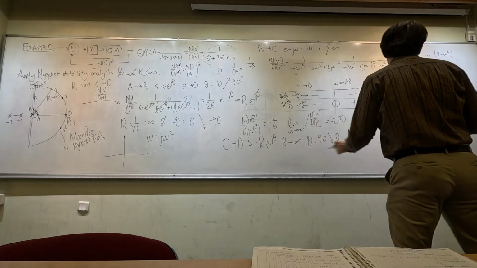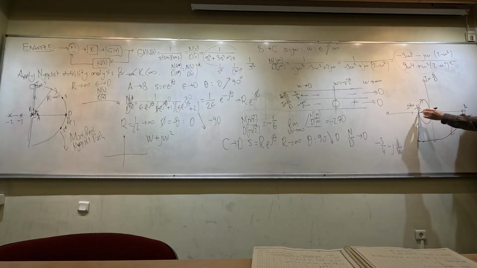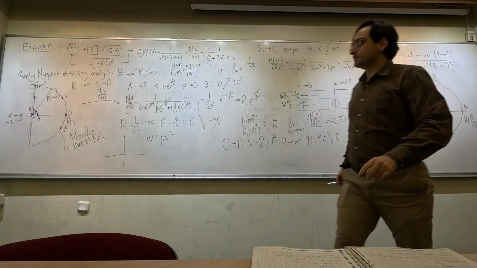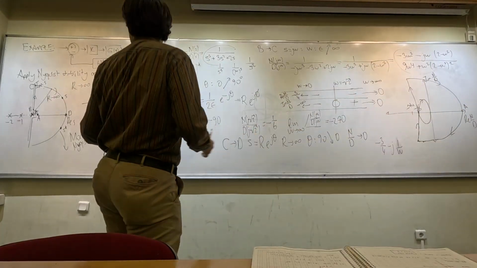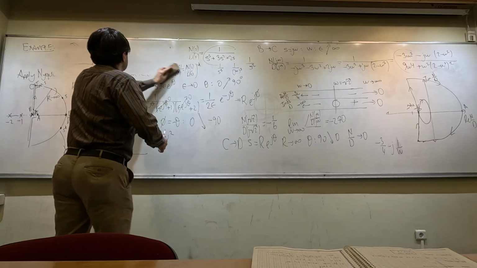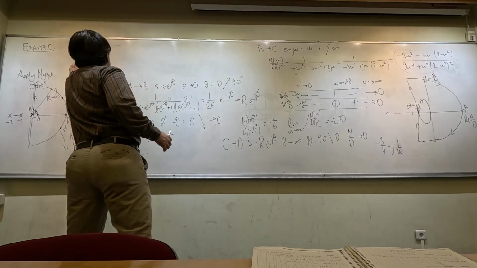And that actually means that I'm going to draw the symmetric part of this plot. So I'm going to continue from this point on, and I will draw something symmetric, and we will go somewhere like this, and I'm going to complete it like that. So now this is our Nyquist plot.